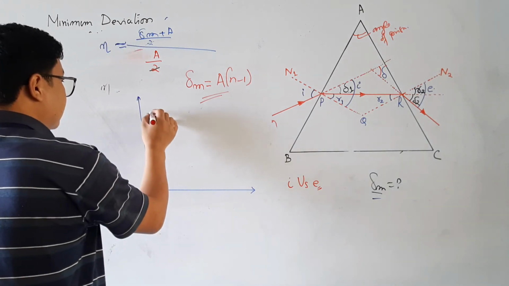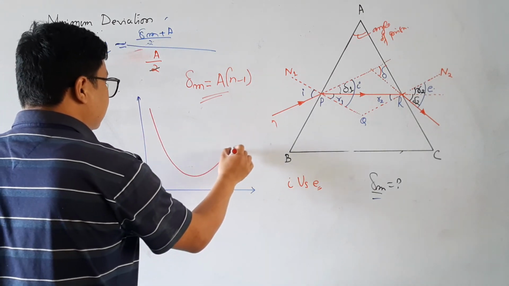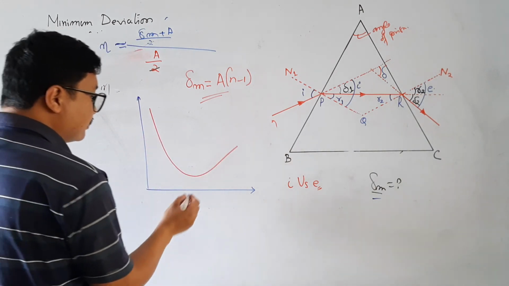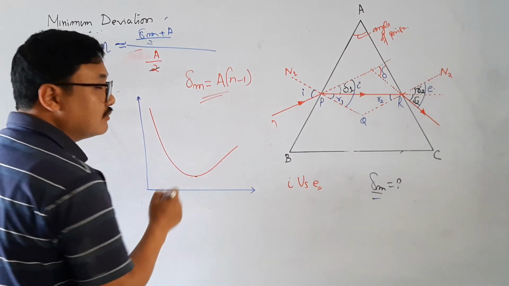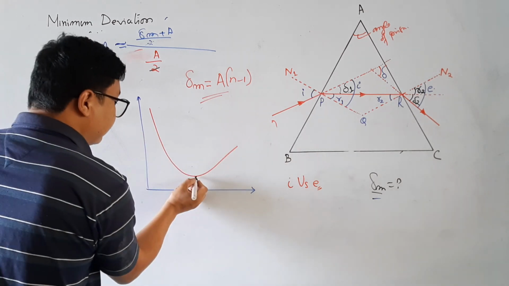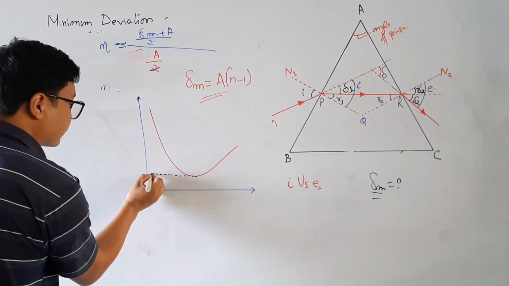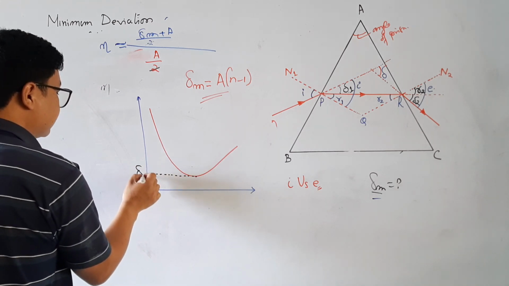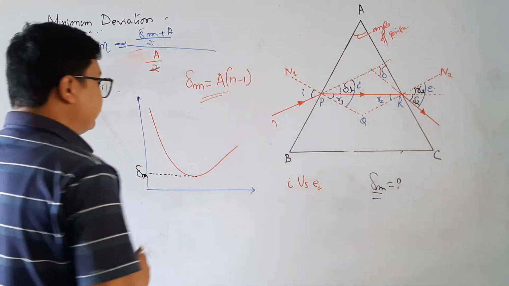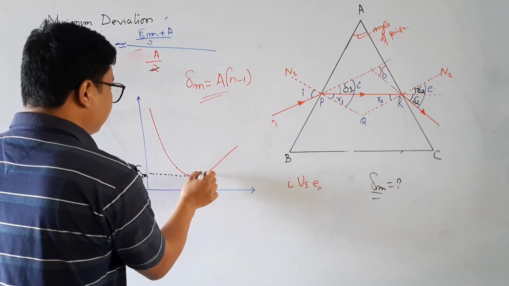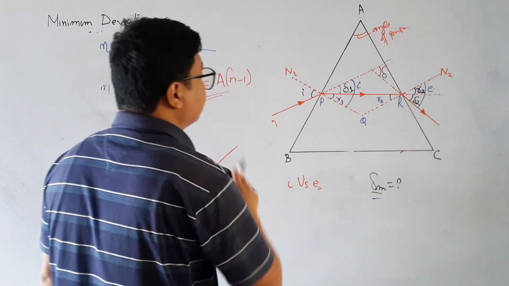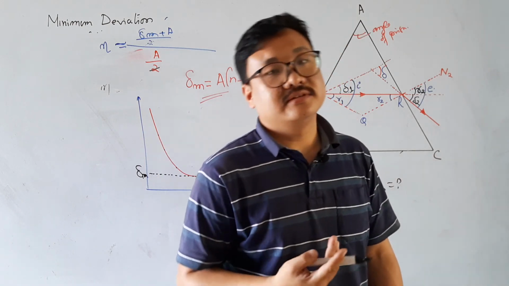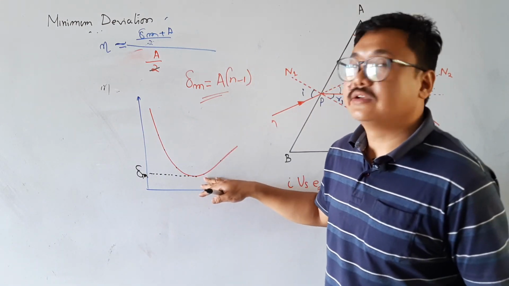So I will get this kind of graph. Whatever this point is, it is the minimum point of this graph, and if I extend this here, then this will be the minimum deviation. So for different angles of incidence and angle of emergence there will be different points here.